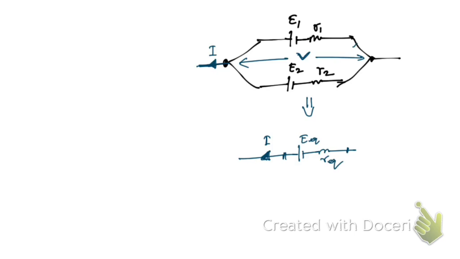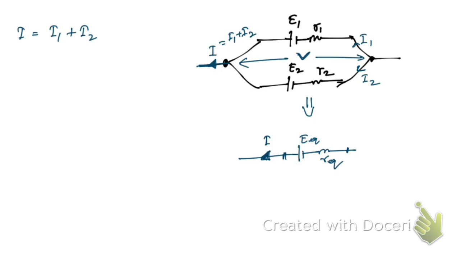As we have two different branches here, let the current through this be I1 and through this be I2, and they add up, so I is equal to I1 plus I2.